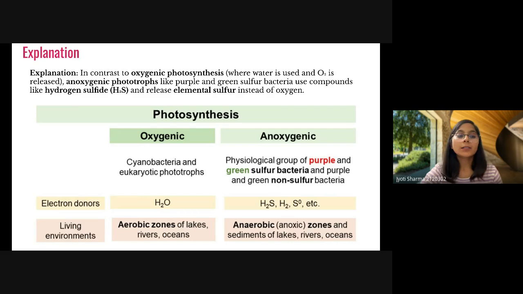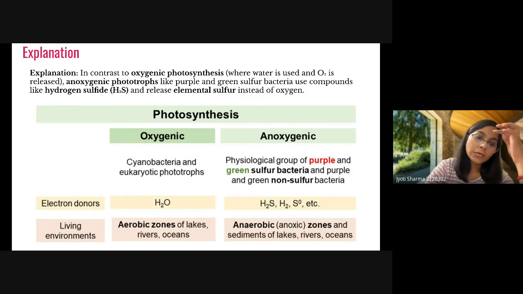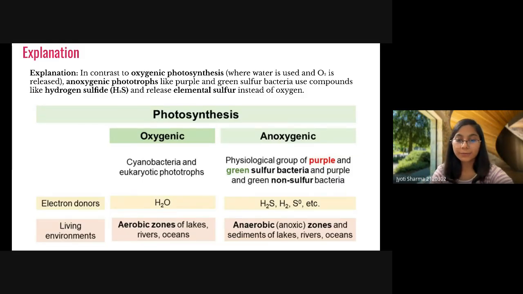The electron donor in the oxygenic is H2O, that is water, but the electron donor is H2S, H2, or elemental sulfur for the anoxygenic. The living environment for the oxygenic may be the aerobic zone of lakes, rivers, and oceans, and the living environment for anoxygenic is the anaerobic zone and the sediment of lakes, rivers, and oceans. So this is how you can categorize the two types of photosynthesis: oxygenic and anoxygenic.